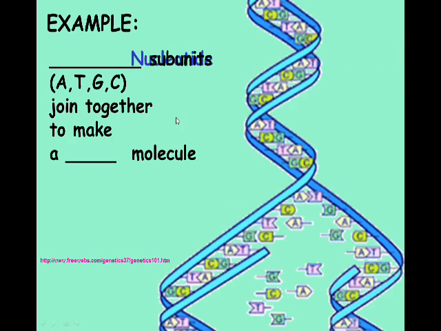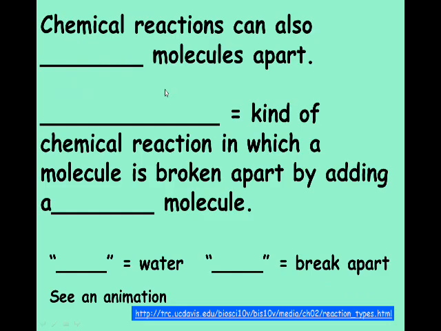An example of a polymer is taking these little building block subunits, we call them nucleotides, the A's and T's and G's and C's, remember that from middle school, and we're going to join them together to make a bigger molecule, a DNA molecule. DNA is a polymer made out of nucleotide monomers.